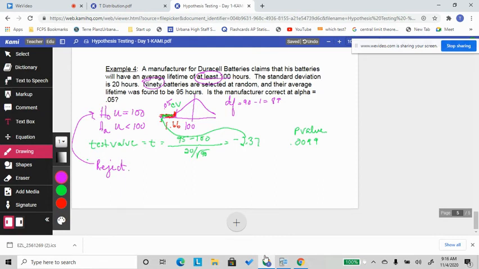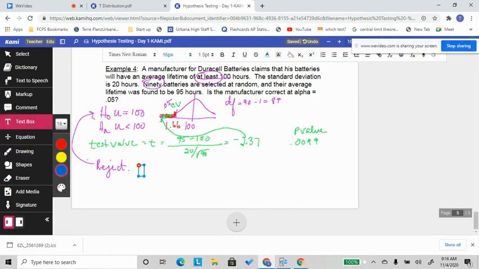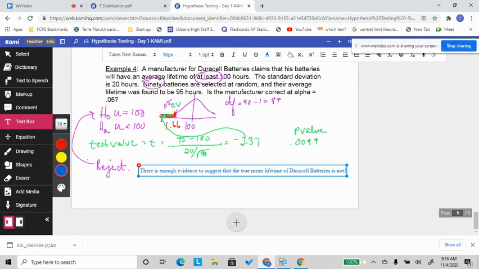So we are going to say in our sentence, there is enough evidence to suggest that, and sometimes we put true mean in, sometimes I forget to say true, but that the true mean lifetime of Duracell batteries is not 100 hours.